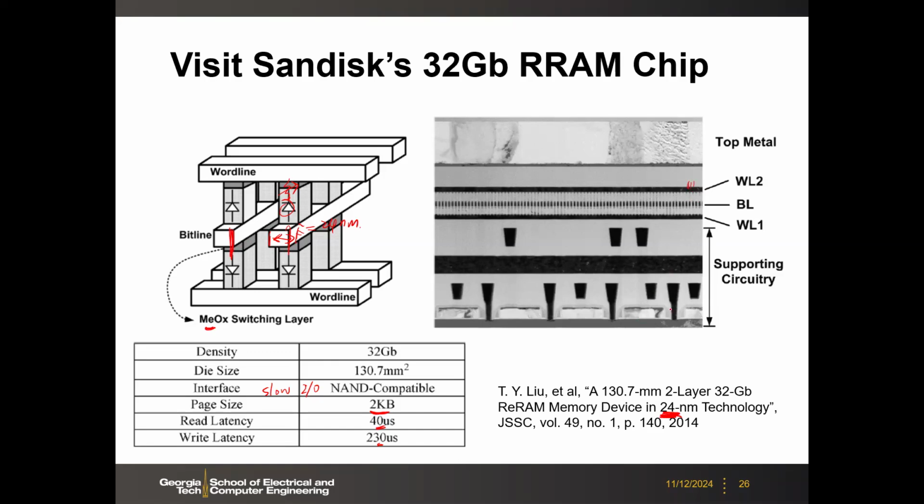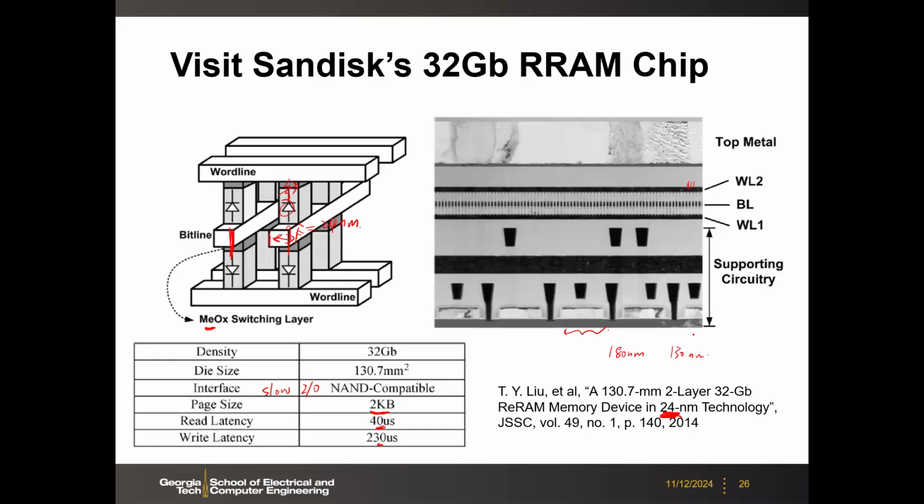Okay, and then you look at the CMOS circuitry. That means the peripheral circuits are actually hidden underneath. You see those transistors are pretty large, right? So I would suspect those transistors are at 180 nanometer or 130 nanometer.